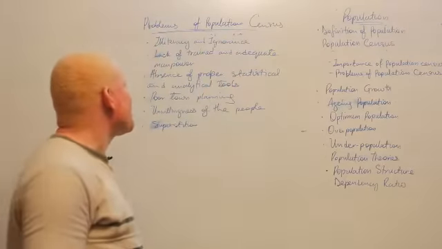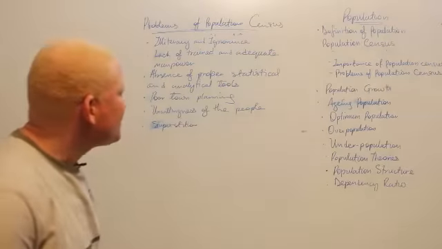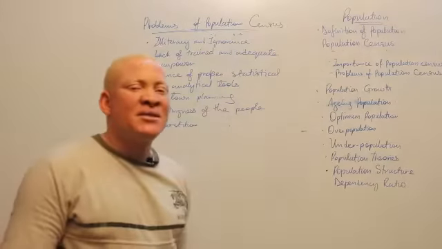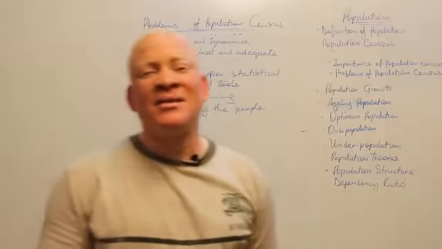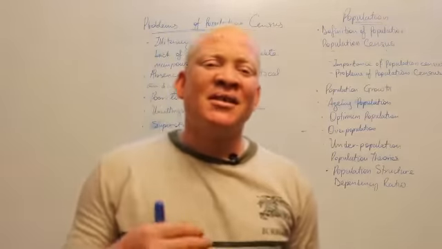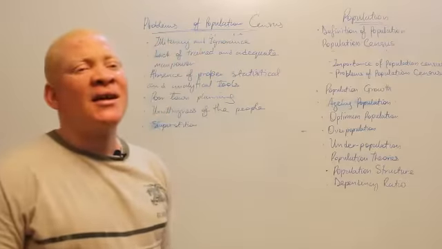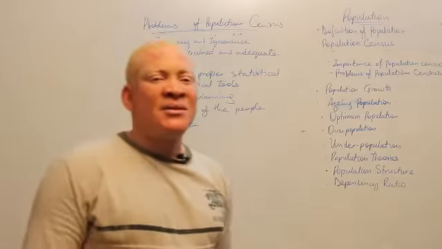The second one says that there's lack of adequate manpower and trained manpower, not just adequate. Manpower might be adequate, but not efficient. We are talking about manpower that is trained, that can actually go and do the enumeration.